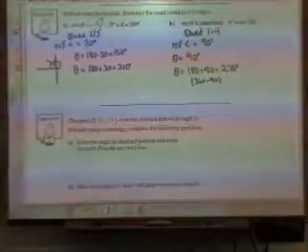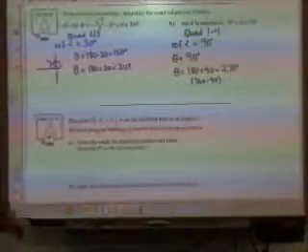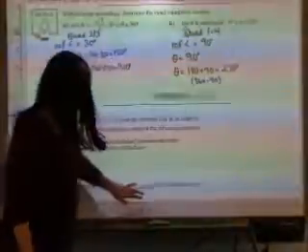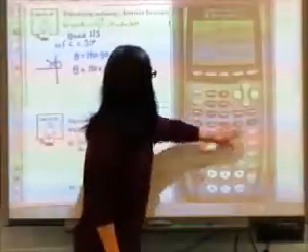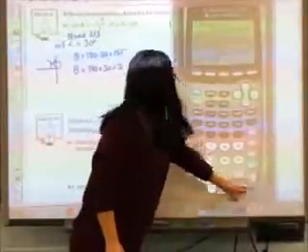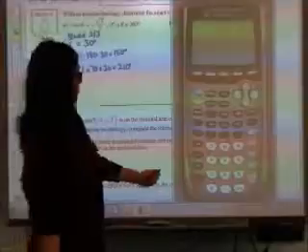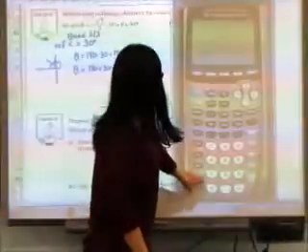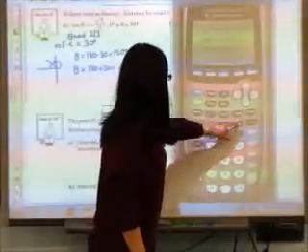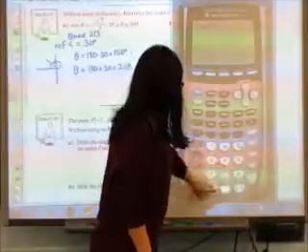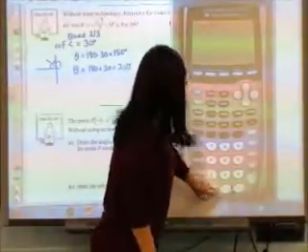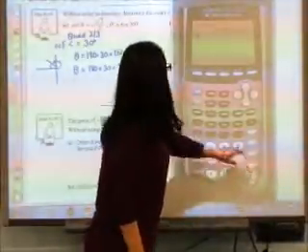And again, if you checked it and you typed tan 90 on your calculator, ooh. Let's try that again. Tan 90. Oh, wrong mode.